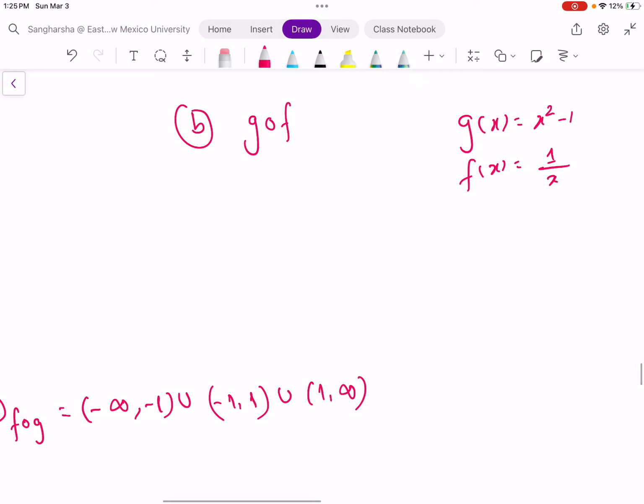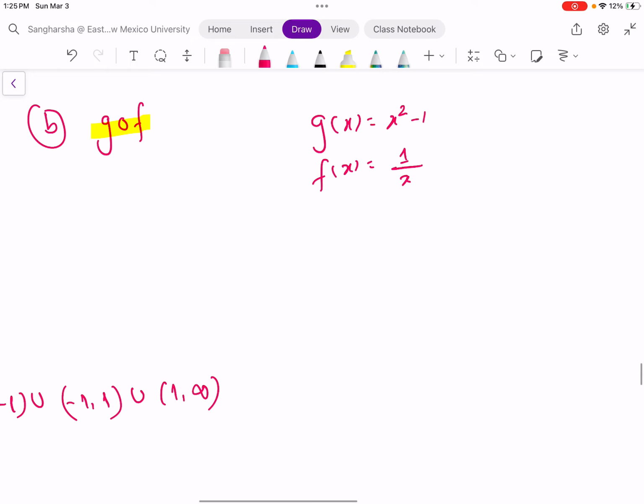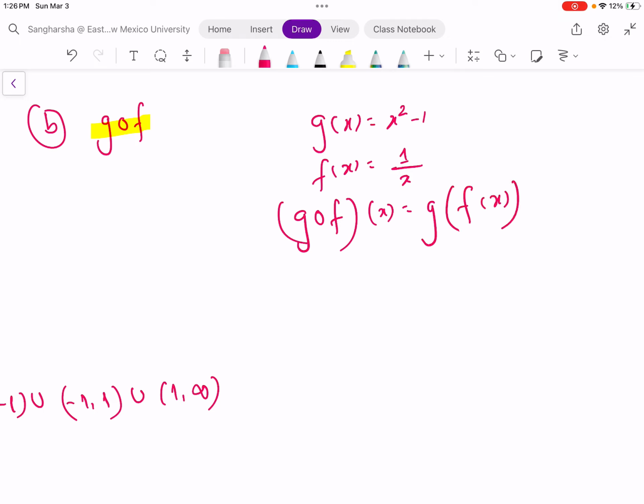Now we are actually finding g composite f. Its definition is we write the g function first, then of, then the other function f of x.